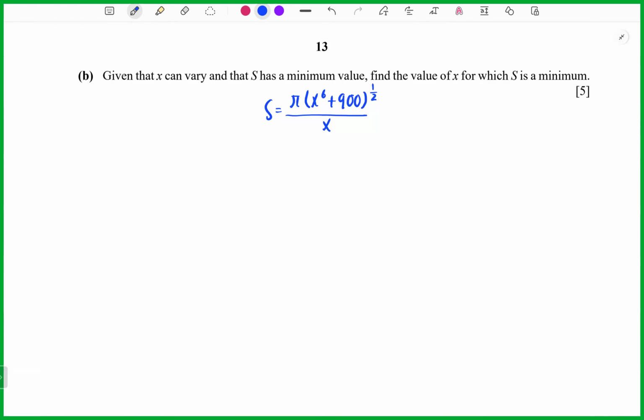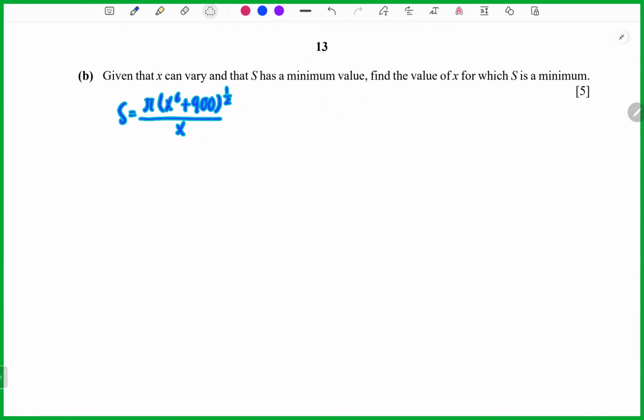So I write here, dS over dx will equal to, I put the quotient line, x squared. The pi I put at the outside first because pi is a constant. So I put the quotient line here, x squared, and here is copy.